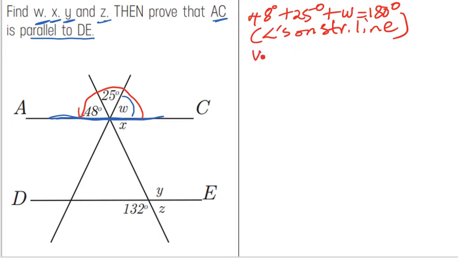So now W is equal to 180 degrees minus 48 degrees minus 25 degrees. Let's see what we get.